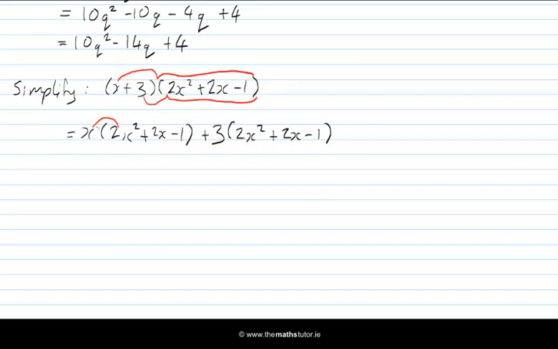So it's the x by each of these terms individually. Again, it doesn't matter that there are 3 terms in here, it just means that the x is multiplied by everything. So now we got the 3 times the 2x squared, 3 times 2x, and 3 times minus 1.